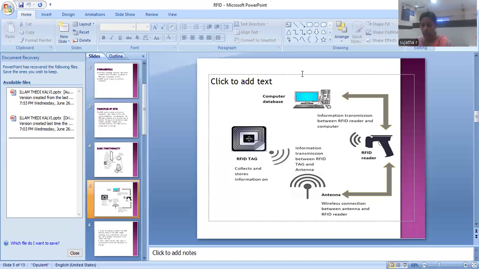The tags are made up of these parts. First, the chip holds information about physical objects. Second is the antenna, which is used to transmit the radio signal. Third is the package, so that the tag can be attached to a physical object.